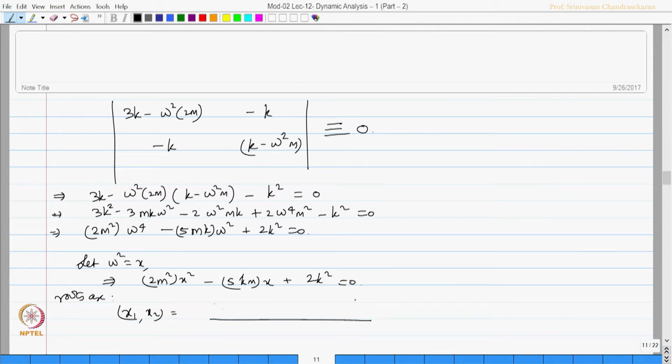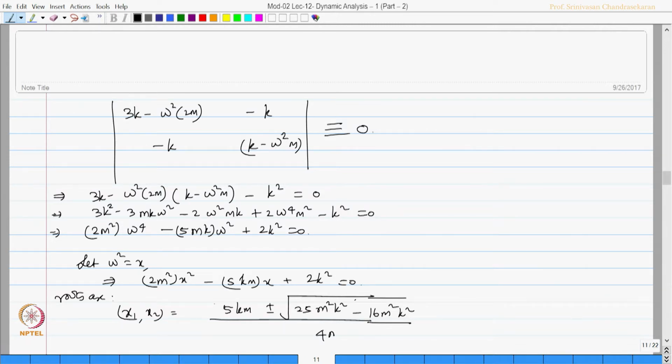Let us do that. So, 5 k m plus or minus root of b square. So, 25 m square k square minus 4 a c. So, 4 2 8 2 16. So, minus 16 m square k square, the whole divided by 2 a.